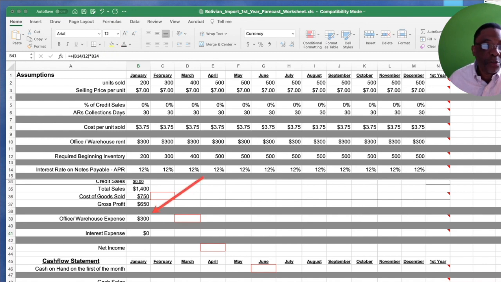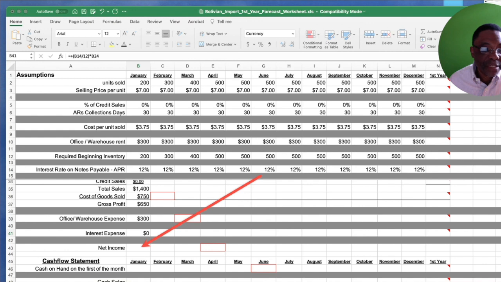I should note, if somewhere during the first year K runs short of cash and our cash balance becomes negative, then this spreadsheet is designed to borrow money and put that value in notes payable, and then this interest expense number would be a number other than 0. It would be 1% times whatever notes were outstanding at the beginning of that particular month.